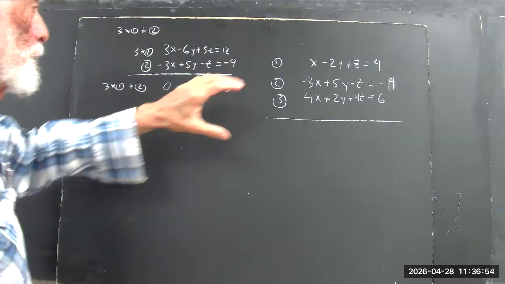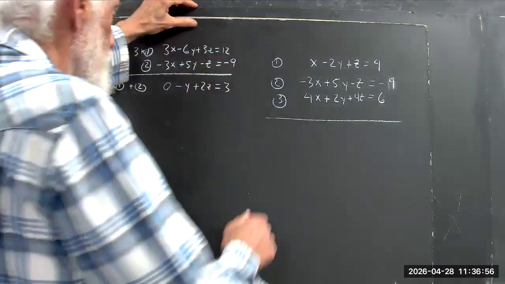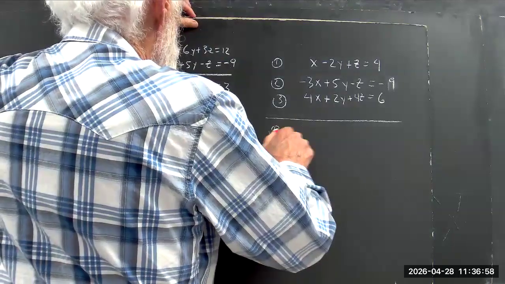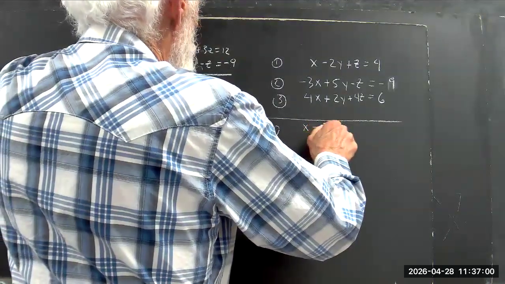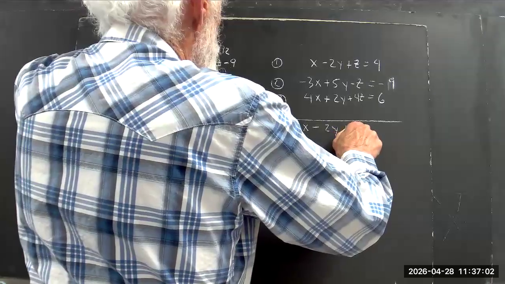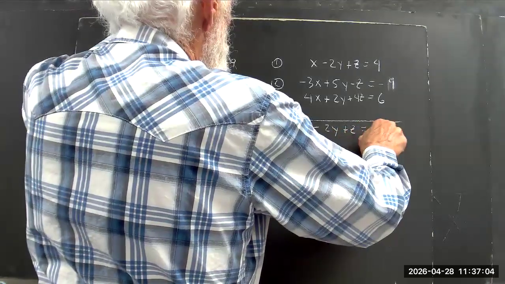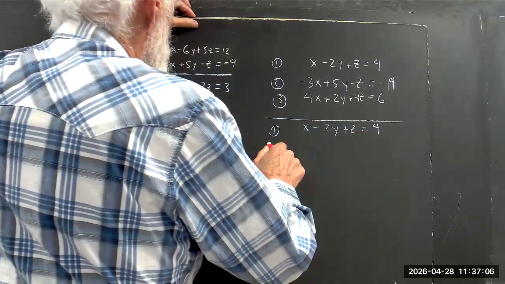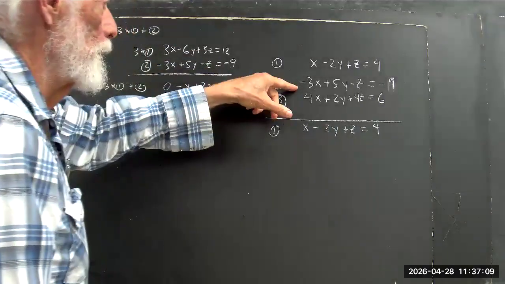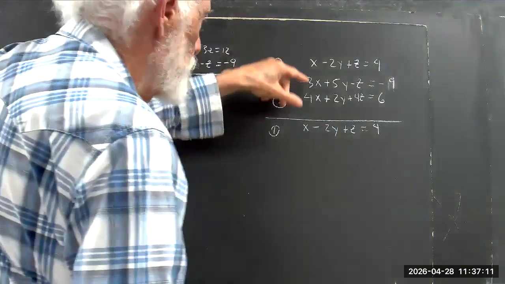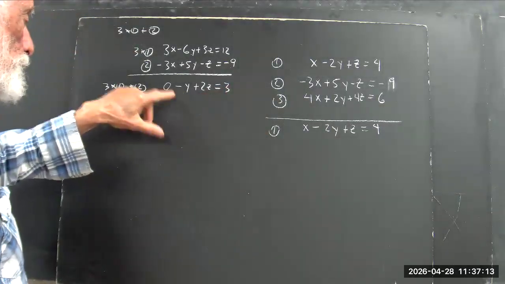Okay, so what we're going to do with this system, we're still going to write equation 1. But instead of equation 2, we want to eliminate the x in equation 2, which we've done.